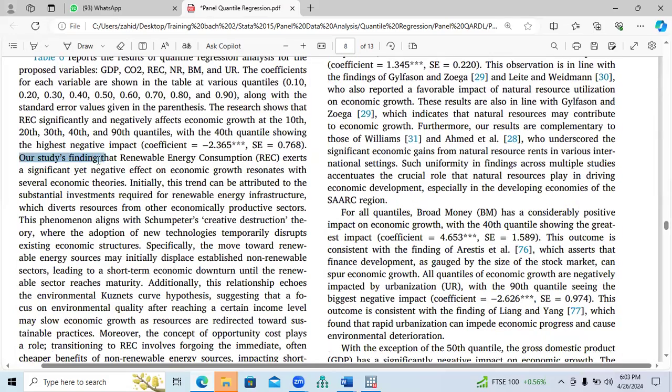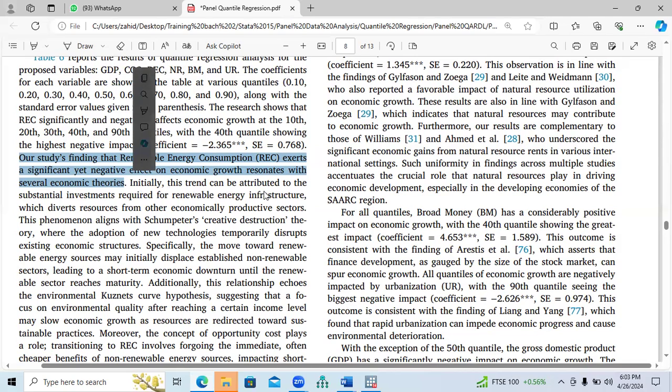Our study finding that renewable energy consumption exerts a significant yet negative effect on economic growth resonates with several economic theories. They have verified that some of the theories that they are going to apply are basically applicable with this finding.